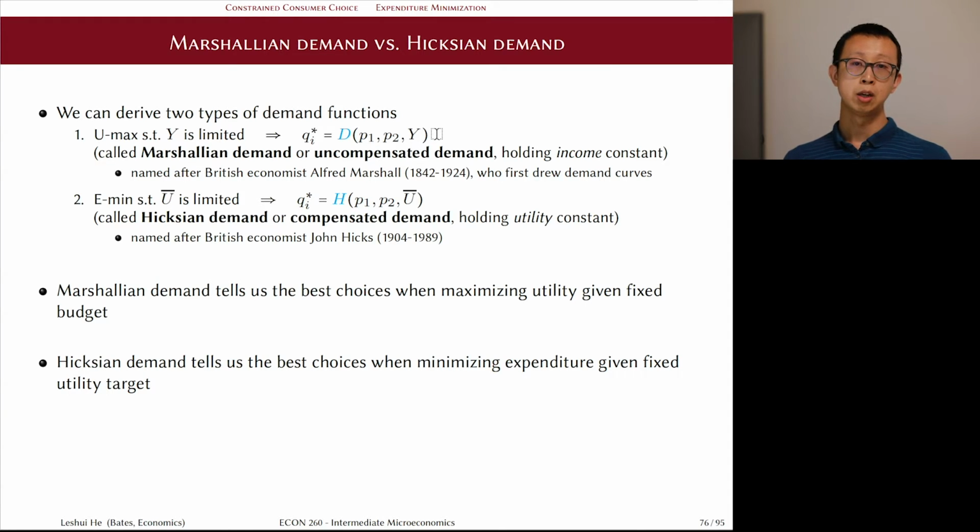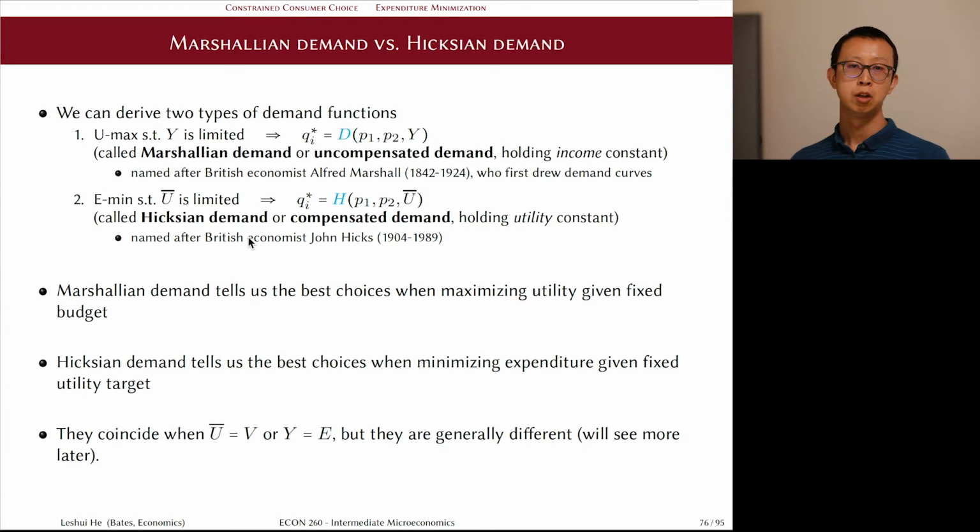These demands are conditional on the prices and the limited budget level. Therefore, they are functions of prices and the budget level. We call this function the Marshallian demand function, or uncompensated demand function, where the budget or income is held constant.